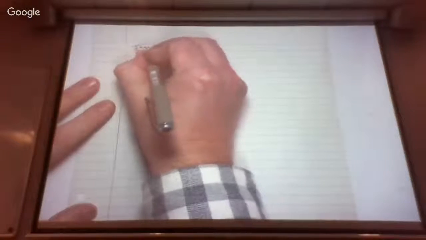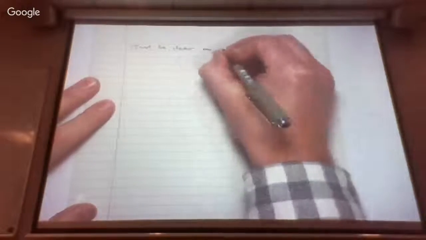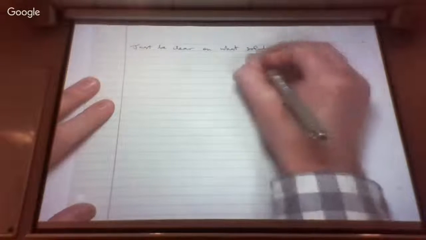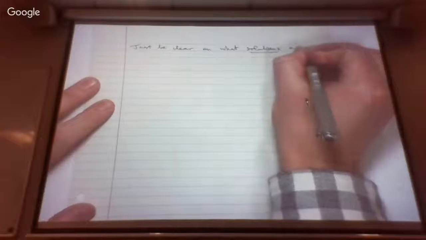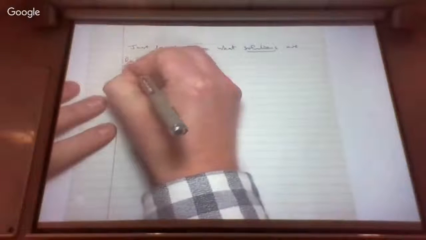So first of all, we'll just be clear on what we mean by solutions. So what do we mean by the solutions of a polynomial congruence? Okay. So we want to refer back to chapter 4.